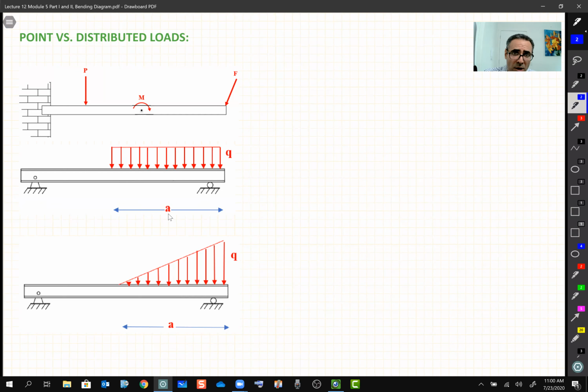Then instead of saying this force is 10 Newton, here we have a number which we call the intensity, which is basically the magnitude of the distributed load.